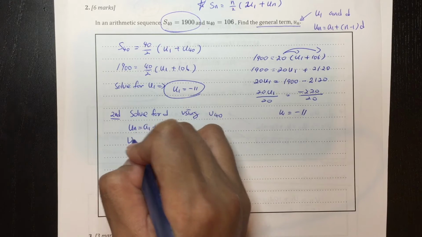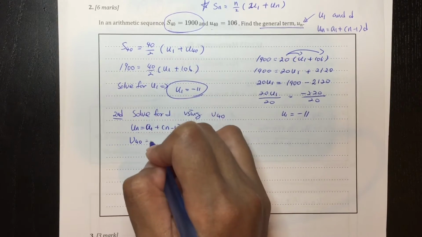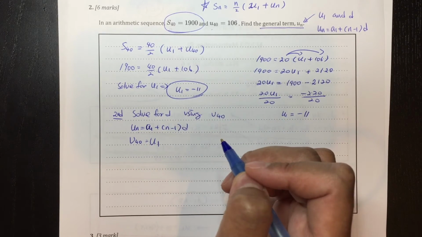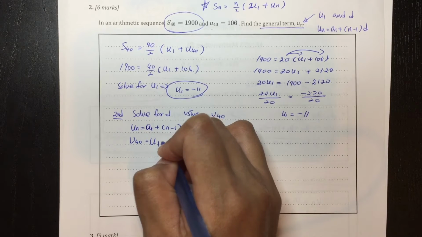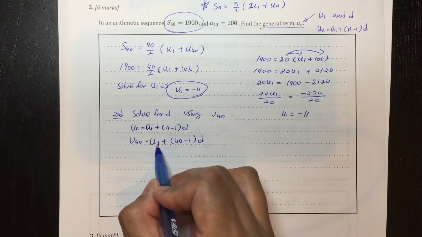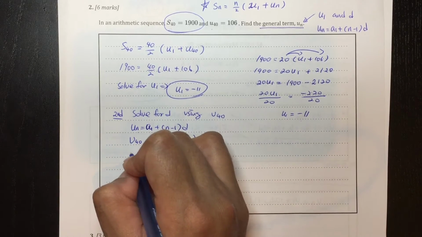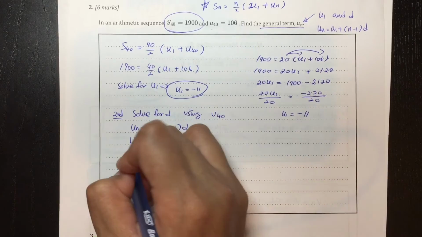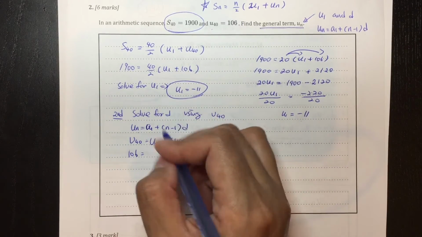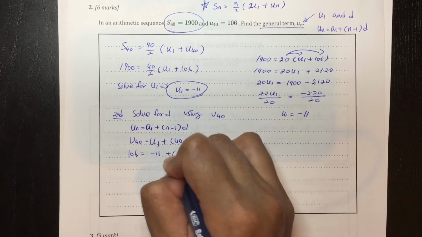So U40 equals U1 plus 40 minus 1 times d. The U1 value that we calculated is negative 11. So we're going to say U40 is equal to 106, and the U1 value is equal to negative 11 plus 39 times d.